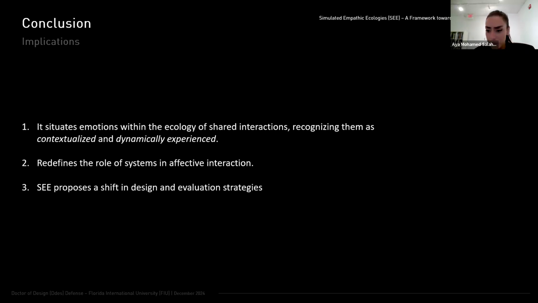And lastly, it proposes a shift in the design and evaluation of such systems: systems inspired by this framework prioritize the co-creation of emotional meaning. And I see the success of these systems to be measured by their capacity to nurture empathetic engagement and self-awareness, and a deeper attunement of affective states within the spatial environment.